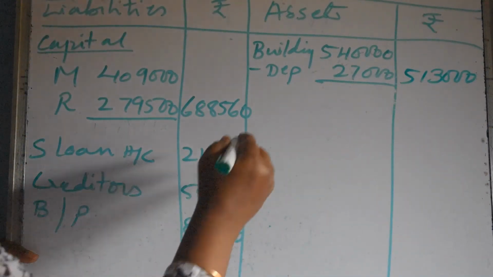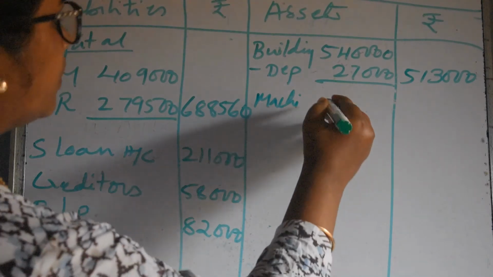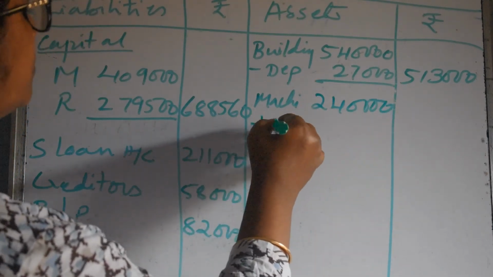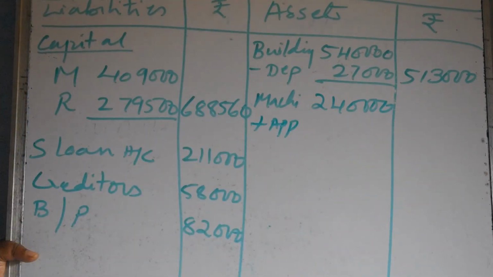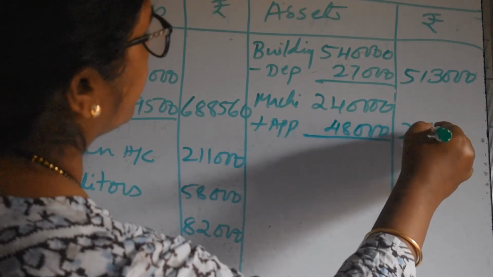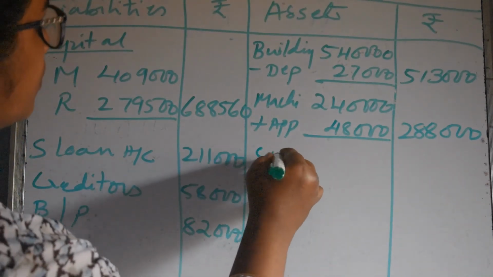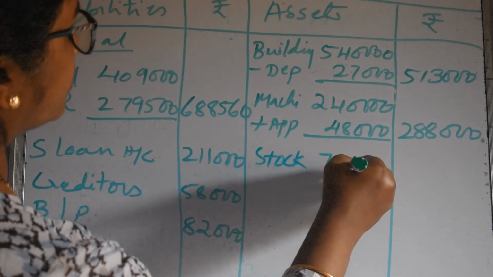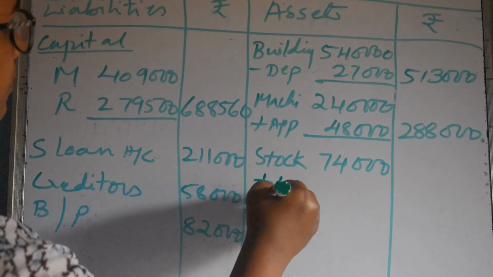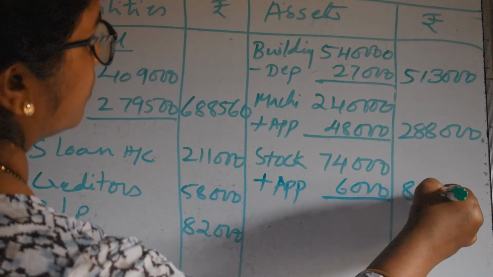Next item, machinery: 2,40,000 plus appreciation of 48,000, so 2,88,000. Then stock: 74,000. Stock also appreciated by 6,000, so it comes to 80,000.